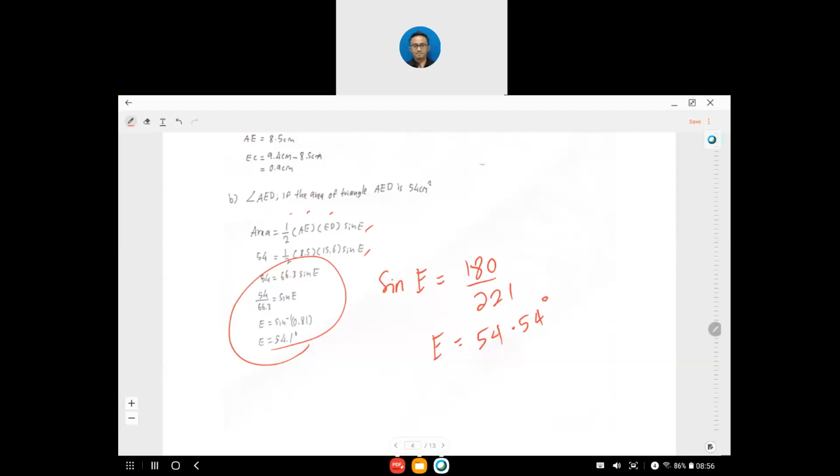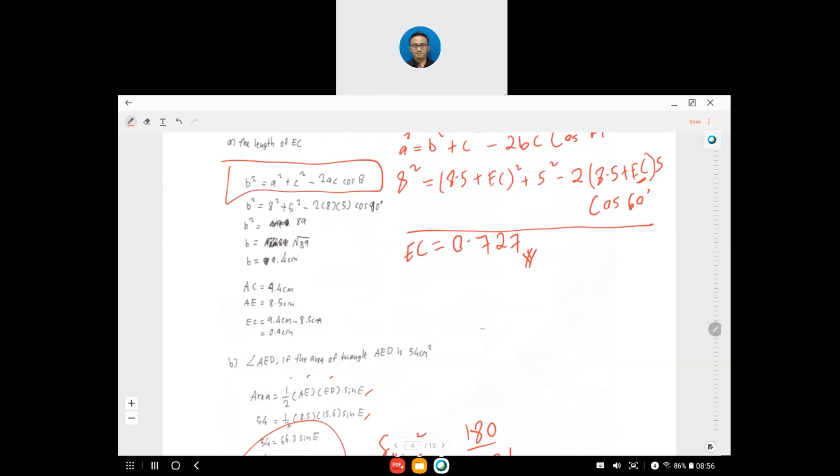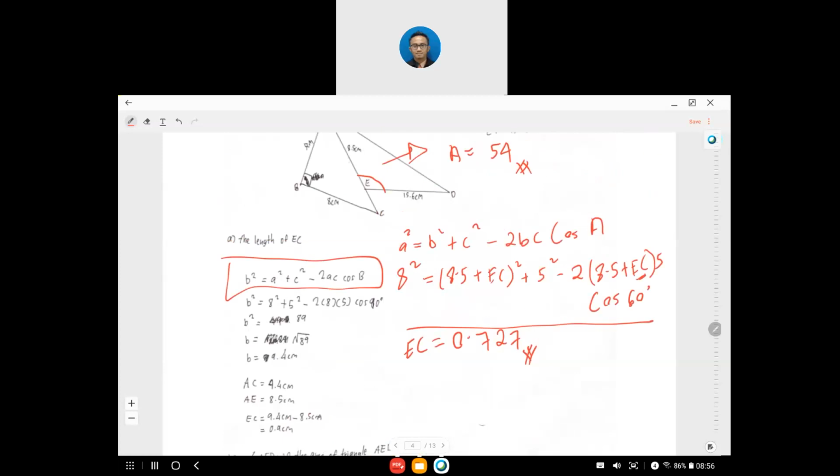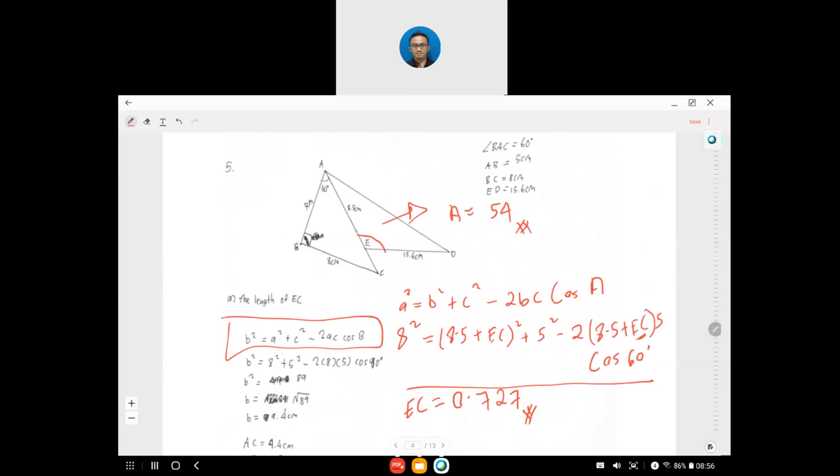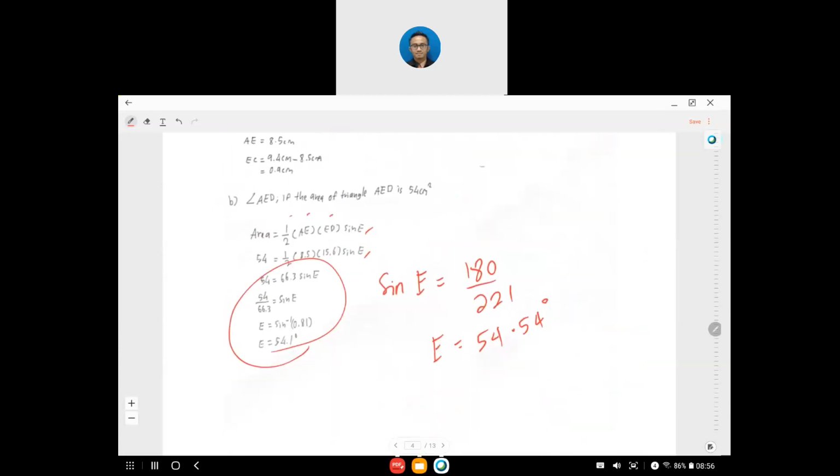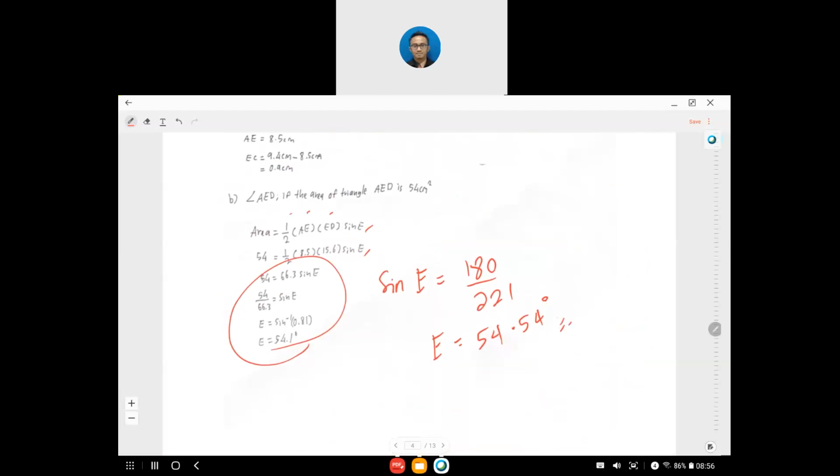Okay. If you can see that this angle given is the reference angle. If you look at E, it is a big angle. It will give the second quadrant angle. So you cannot choose this value. Okay, E you must get from 180 minus 54.54 degree.